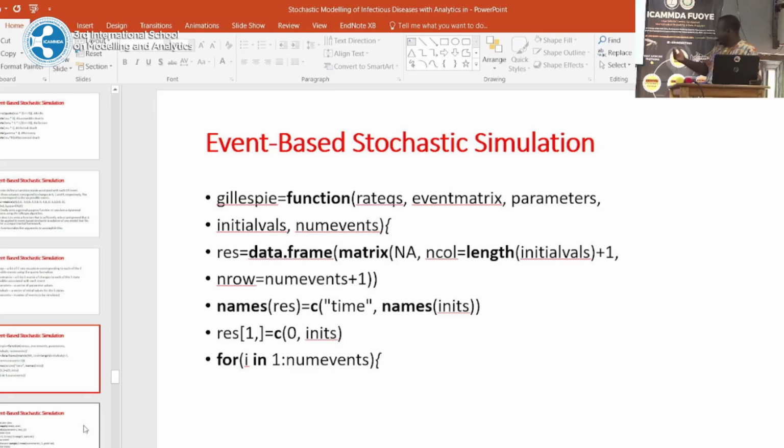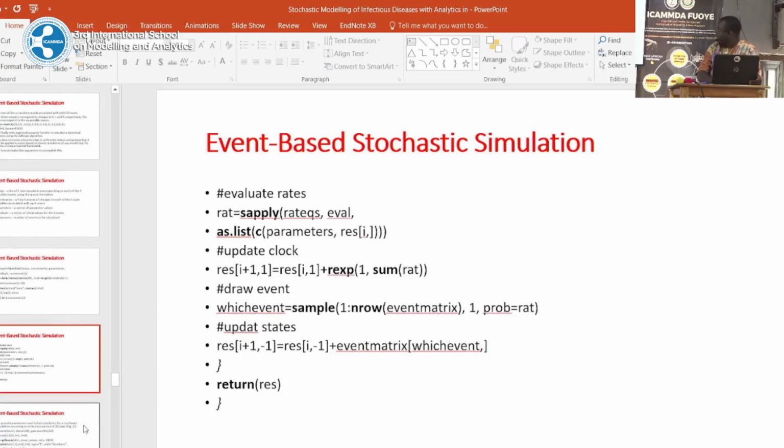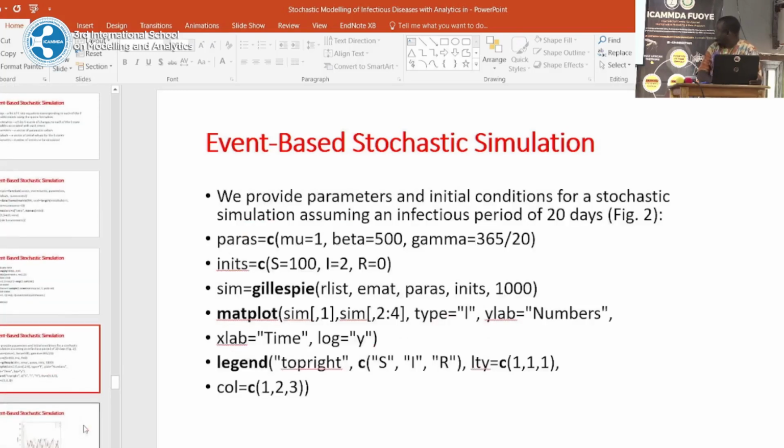And then we form the data frame of the matrix, with the object name res. So the parameters are there, which are mu equals 1, beta 500, and all of that.